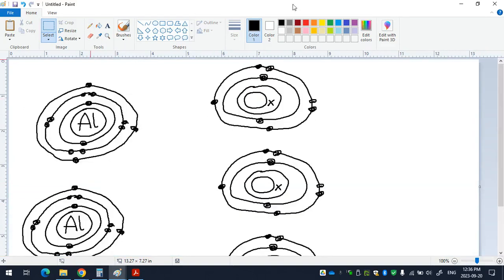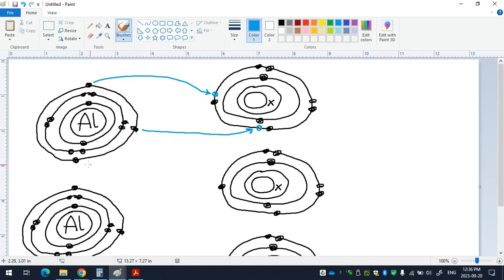So let's see. I'm going to use this color. So what did I say? I said that this one is going to go here. And this one is going to go here. Good.